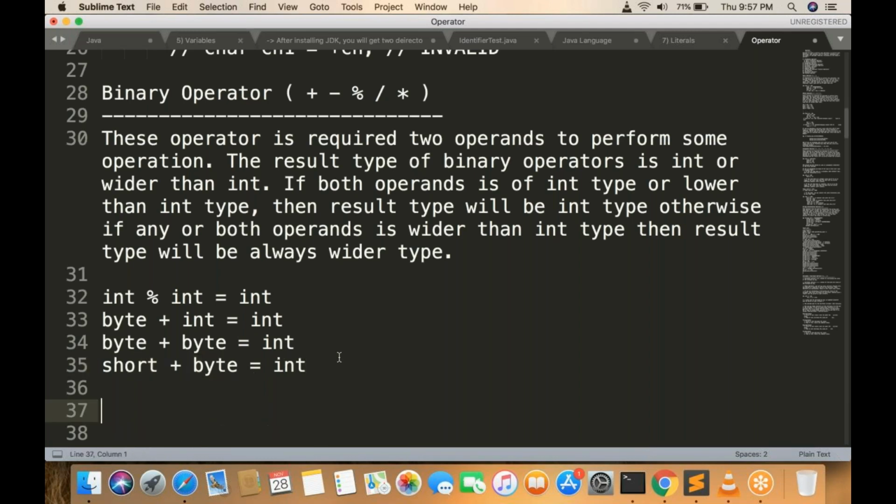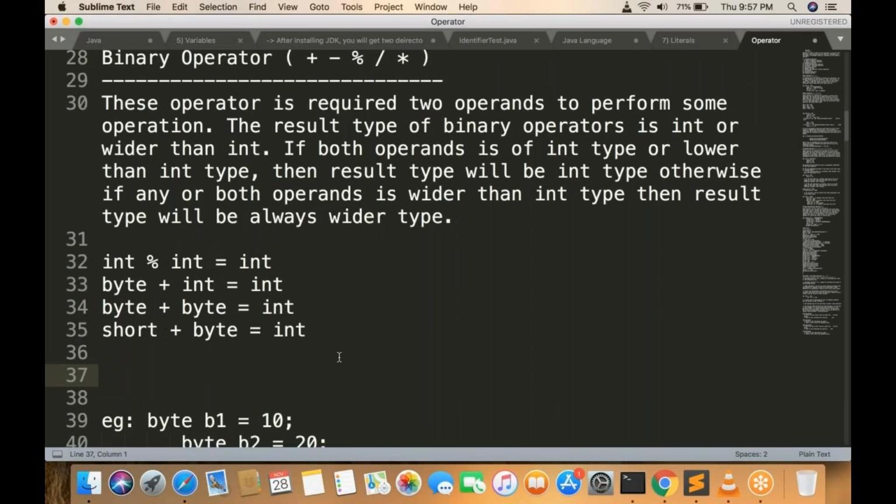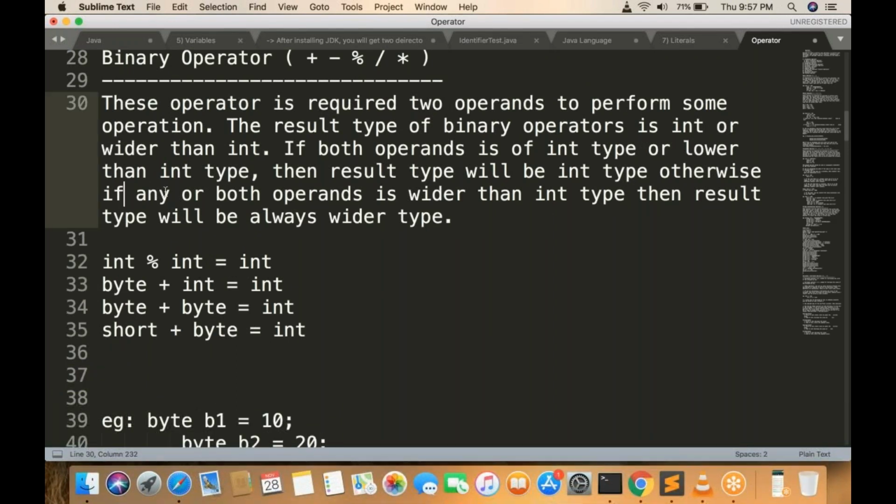Clear? And if I have int and something wider than int? Otherwise, if either operand is wider than int, then the result type would always be the wider type. Suppose I have int plus long, what is the result type? Long type, right? Clear?